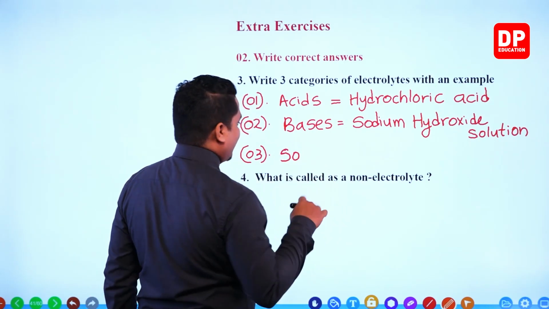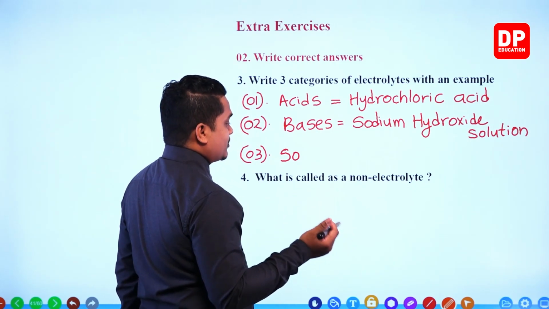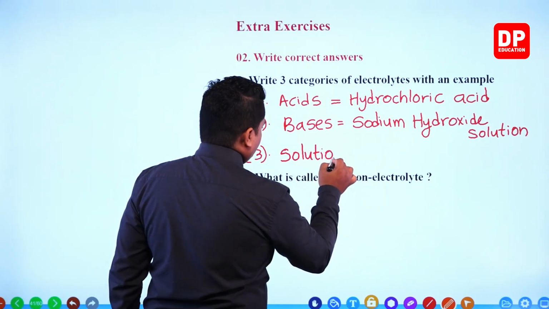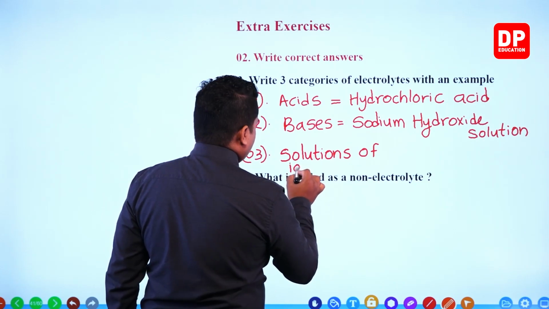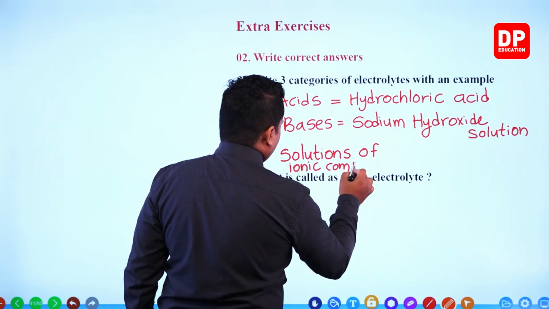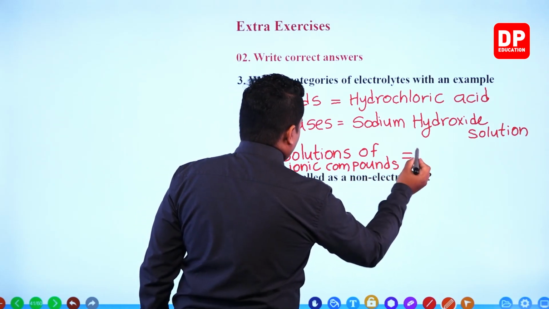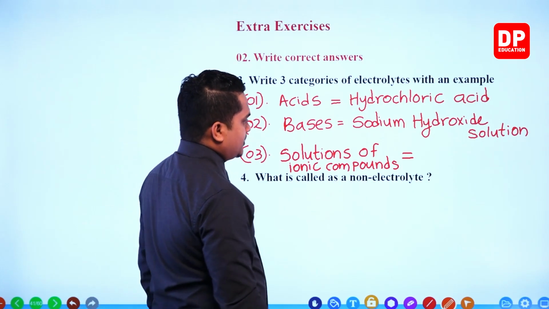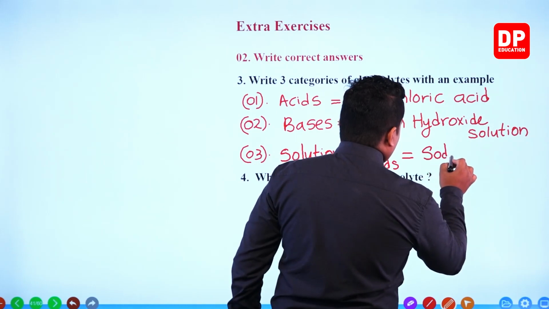That means both are getting covered, aqueous solutions and molten solutions both. So solutions of ionic compounds. Solutions of ionic compounds. Example, sodium chloride solution.